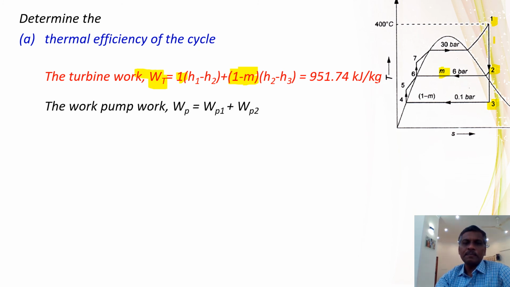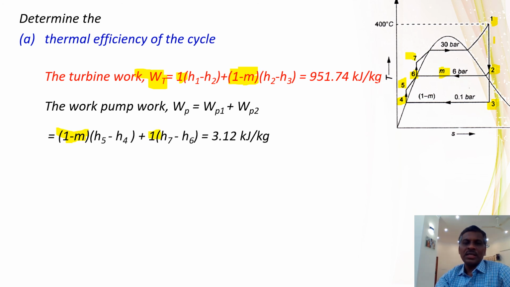So pump work: we had 2 pump works, because 4 to 5, then 6 to 7. In 4 to 5, you remember what is the mass of steam which is coming? It is 1 minus m. Then of course in the water heater, the flows are added together, so from 6 to 7, it is back to 1 kg.